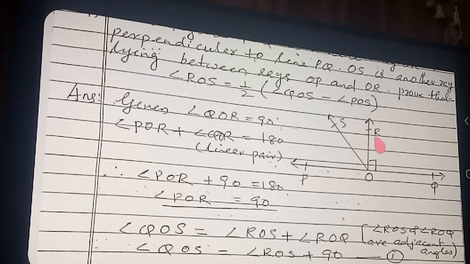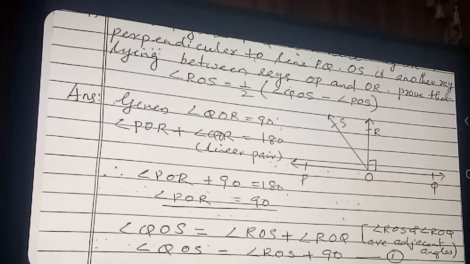I told you an angle can be named in three ways: angle QOR, or angle ROQ, or angle O. So this angle ROS and angle ROQ are both what type of angles? Adjacent angles. If two adjacent angles are there, we can add them.